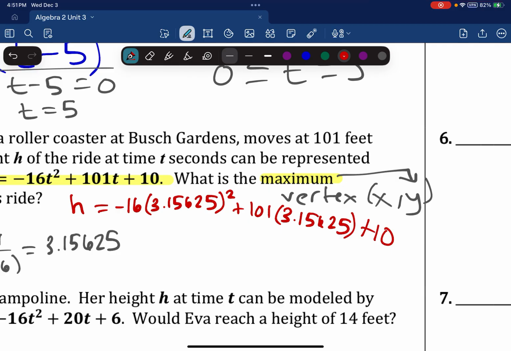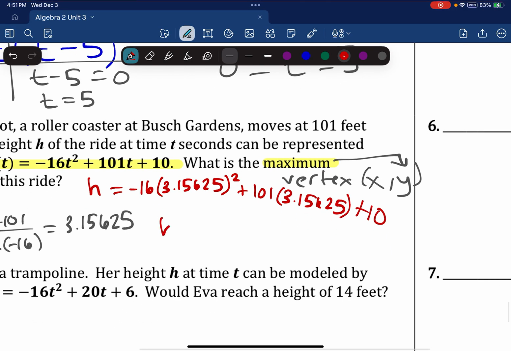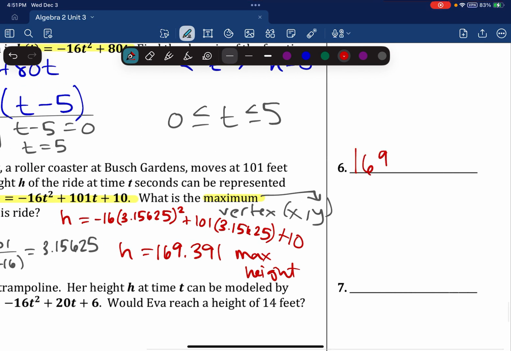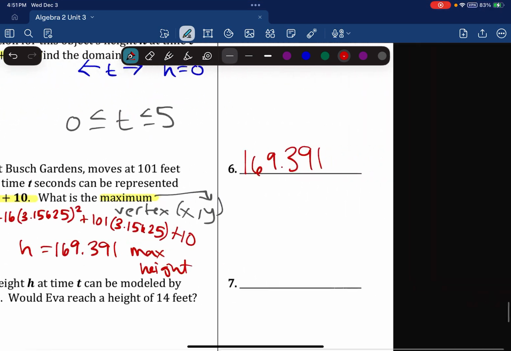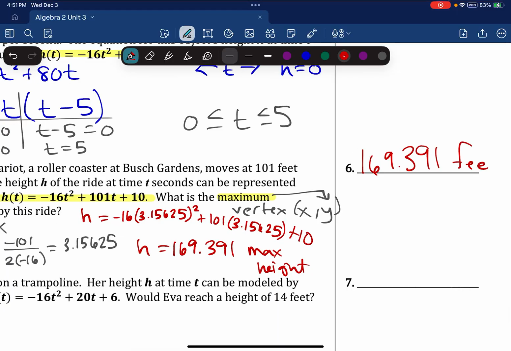You'll be tempted to want to round it, but the more you round in the middle of the problem, the more chance that you're going to make a mistake, and you'll get the wrong answer. When I calculate all this, I should get 169.391, and this is my max height. 169.391, and what was the height of the ride? In feet.